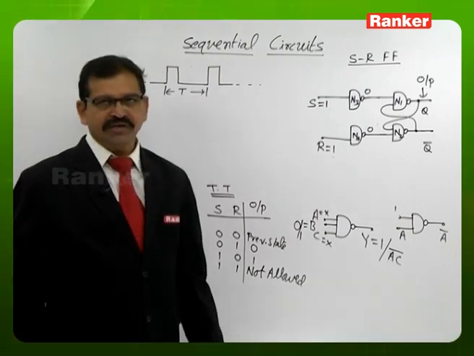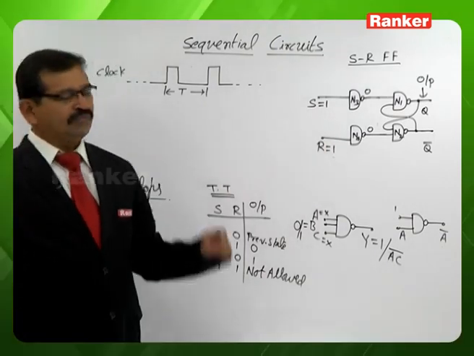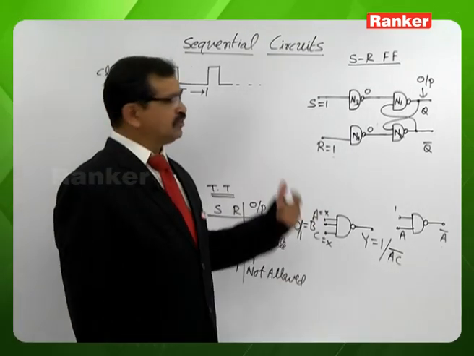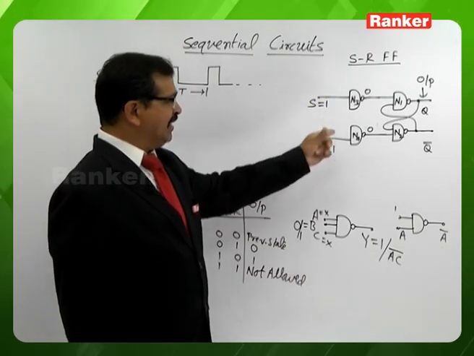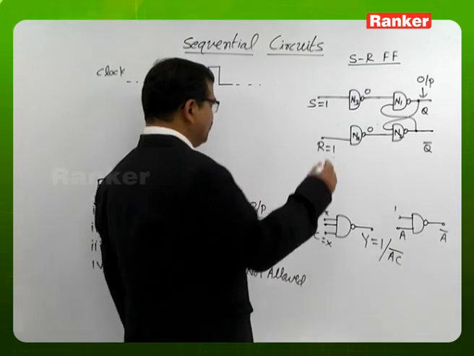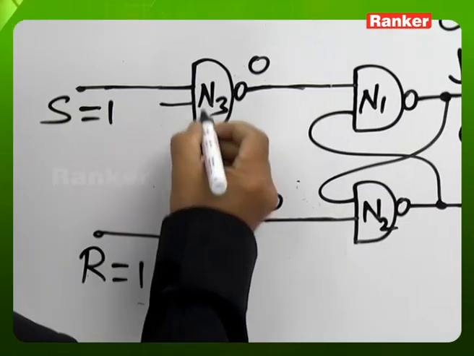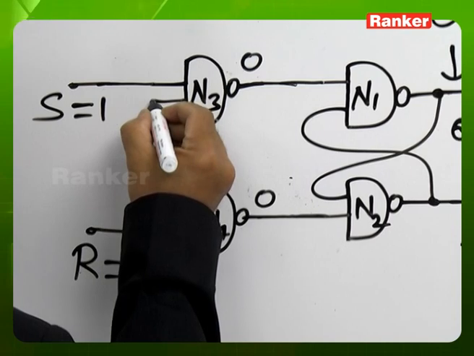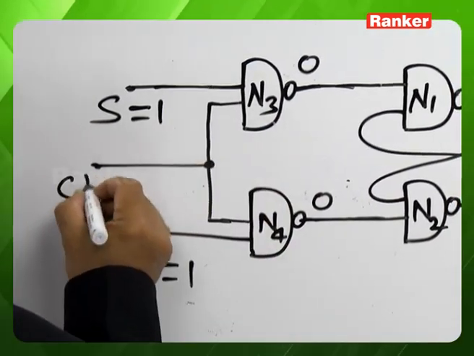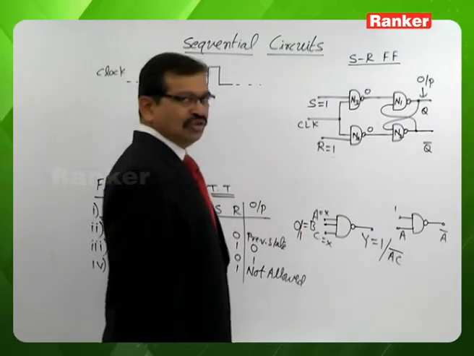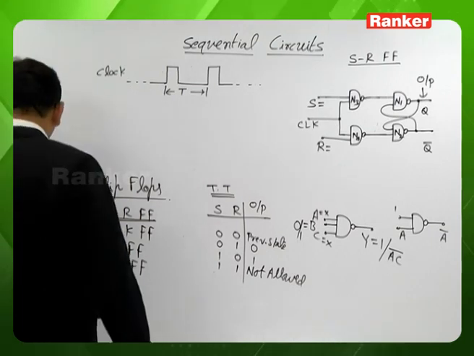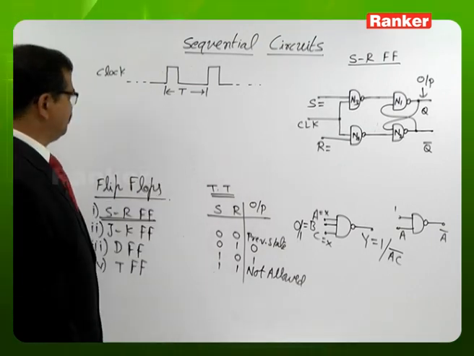Hence, we need to modify this circuit to incorporate a clock signal. To incorporate a clock signal in the circuit, we first take gates N3 and N4 as three-input NAND gates. The second input of gates N3 and N4 is a common input. This common input we name the clock signal. Now, in the presence of such a clock signal, let us look at the operation of the circuit.